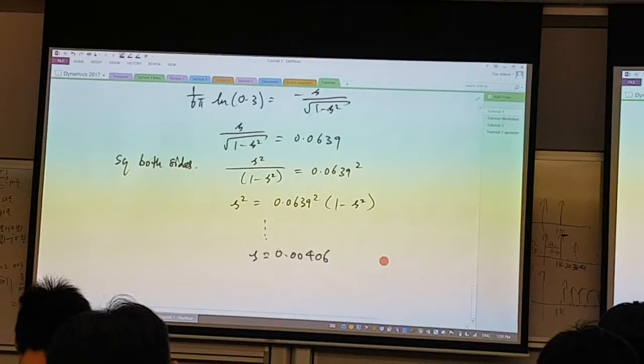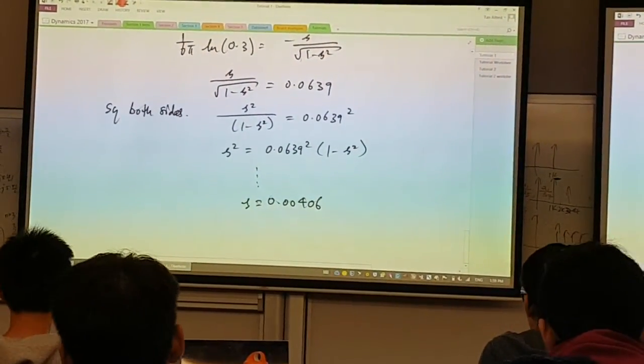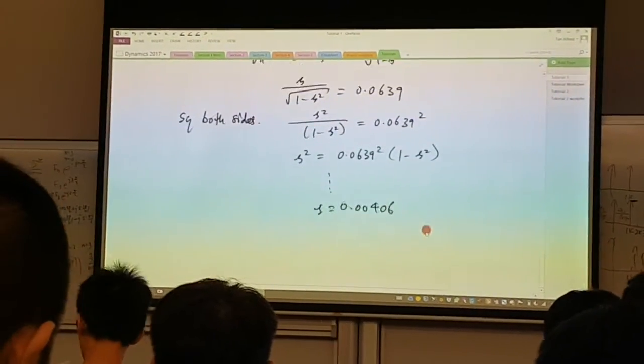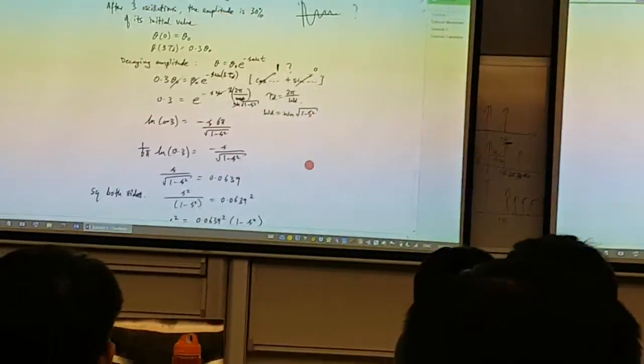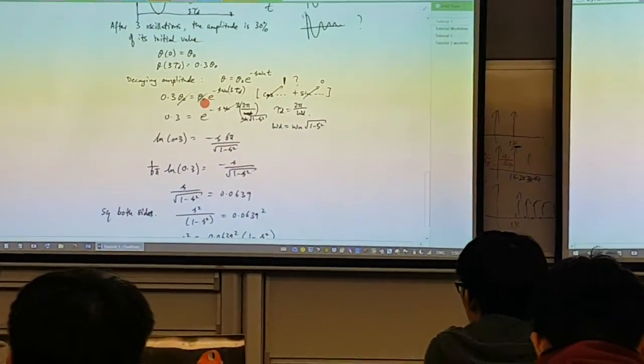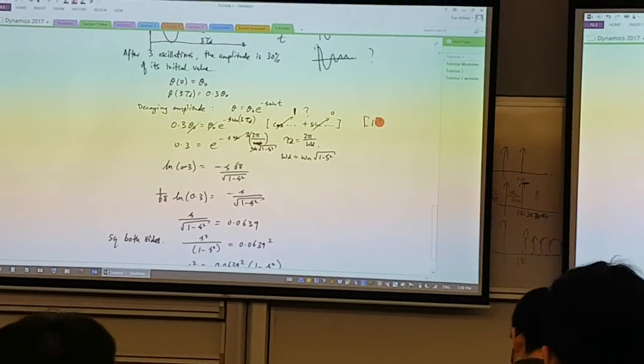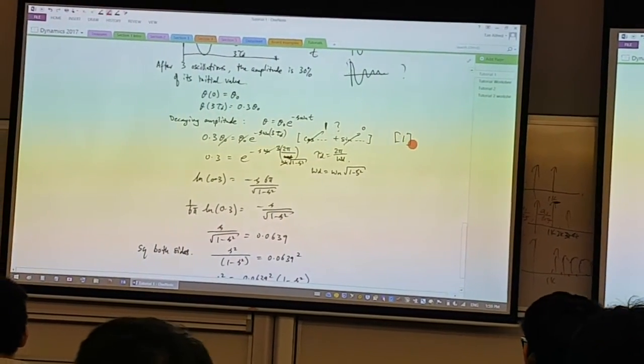So let's look at the marks allocation. If you are able to get this part, and then the value is wrong, kind of like understand this line, this part, 1 mark.